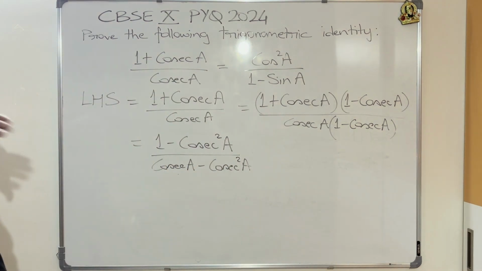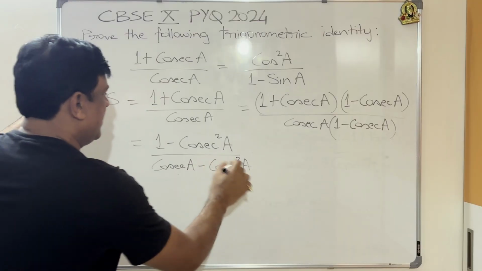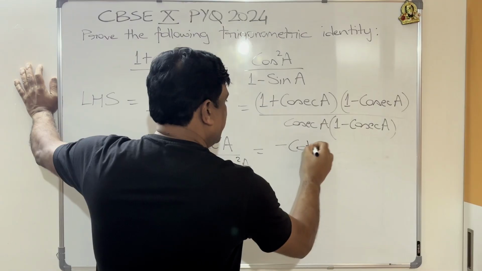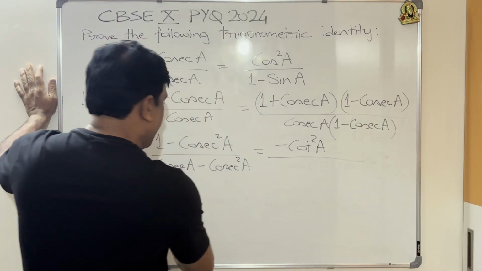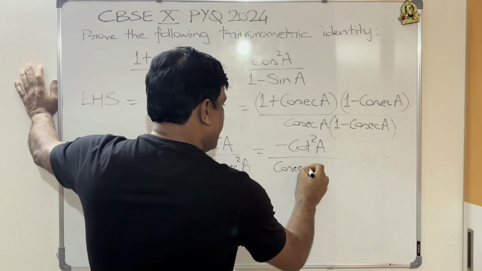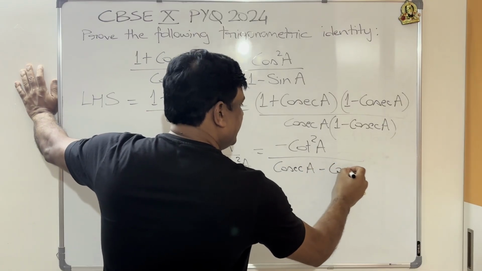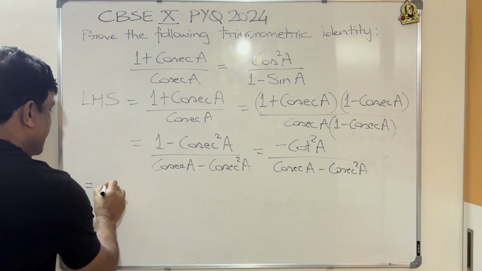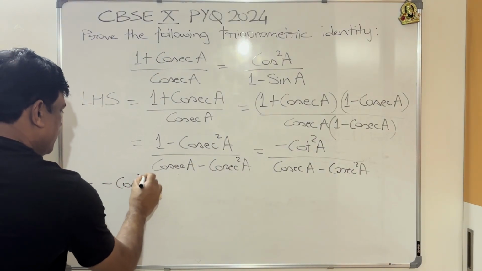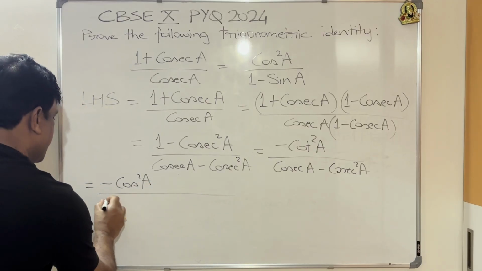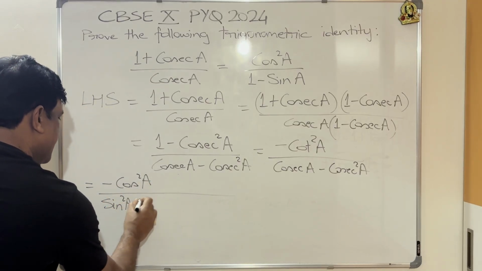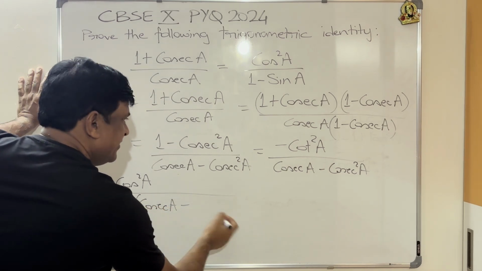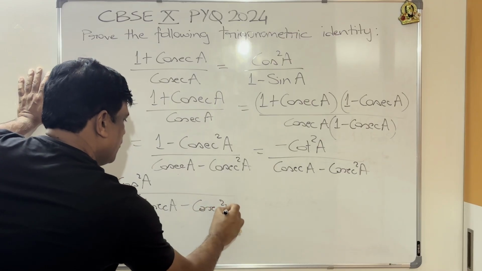I know that 1 minus cosec square is minus cot square A. I'll write the denominator as is, cosec A minus cosec square A. Now I'm going to put the numerator as minus cos square A divided by sin square A, over cosec A minus cosec square A.